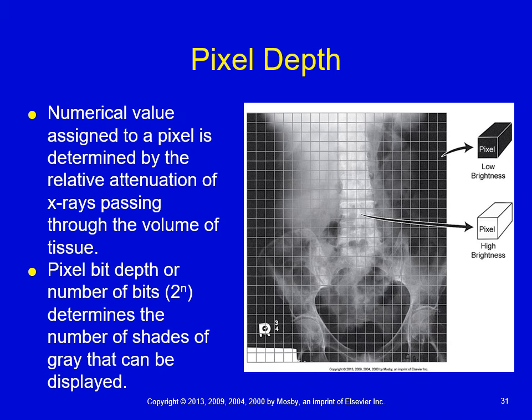All right, so it's not 2 times 4, which is 8. It's 2 times 2 times 2 times 2, four twos, and that comes to 16. So that means that that 4-bit image can have 16 different shades of gray in it.